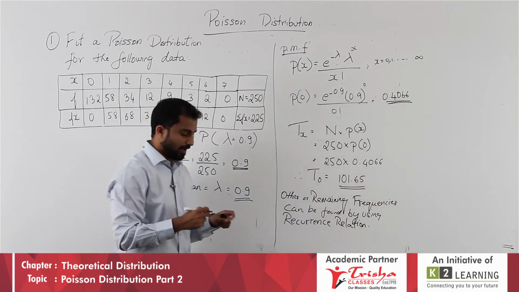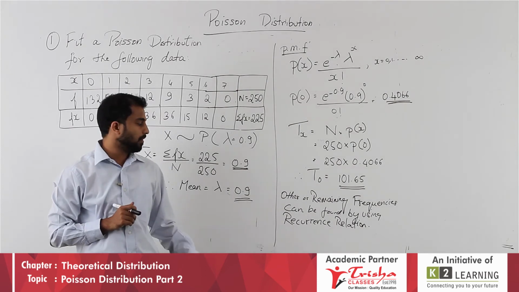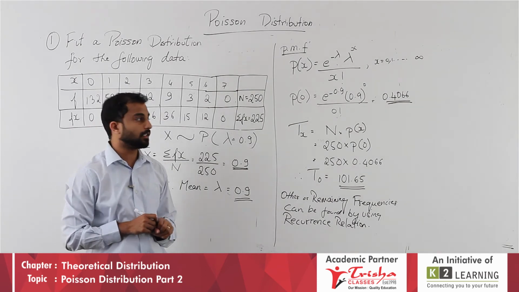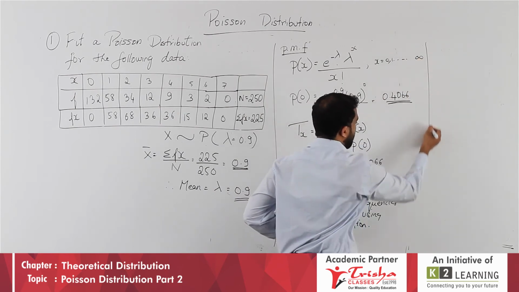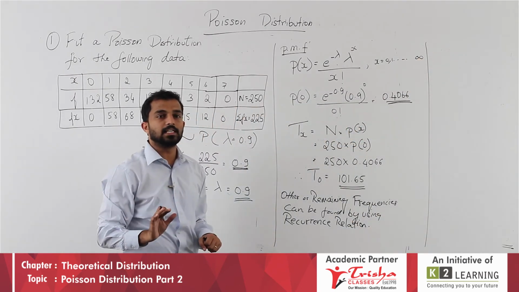So the remaining frequencies, students, can be found by using recurrence relation, and firstly write the recurrence relation formula.